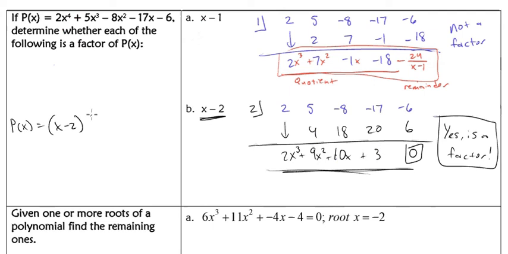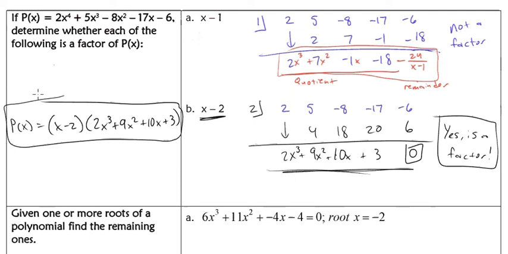So if it was just this equation up here, put into factored form, it'd be x minus 2 times 2x cubed plus 9x squared plus 10x plus 3.